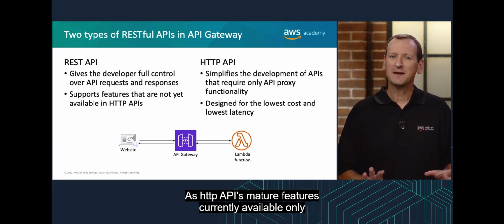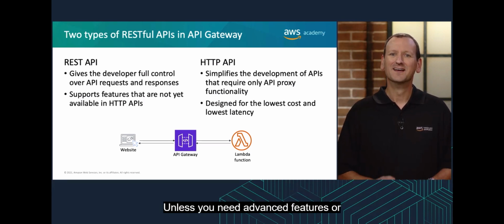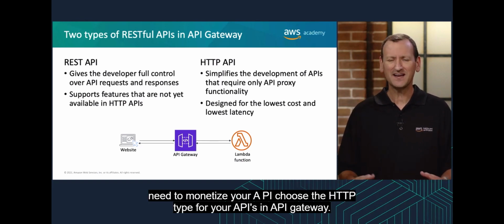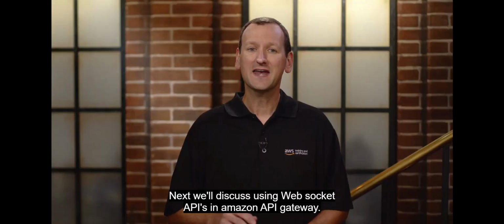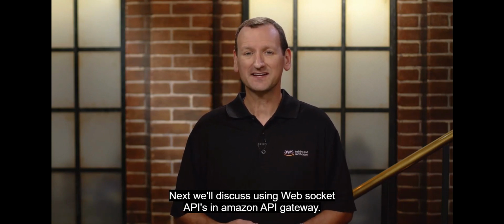As HTTP APIs mature, features currently available only with REST APIs will be added. Unless you need advanced features or need to monetize your API, choose the HTTP type for your APIs in API Gateway. Next, we'll discuss using WebSocket APIs in Amazon API Gateway.